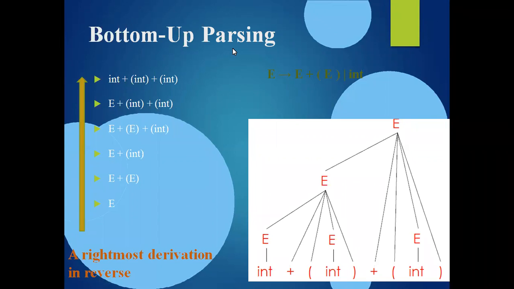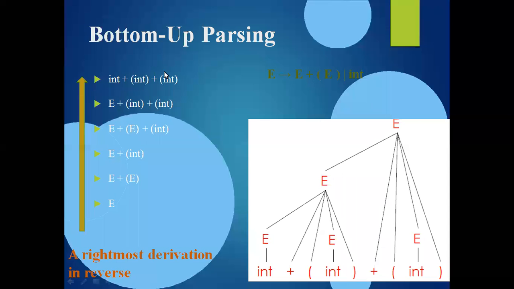Here the given grammar is E tends to E plus open parenthesis E closed parenthesis, or int. These are the two rules for the variable E. Only two productions are given, and only one variable, E, right?